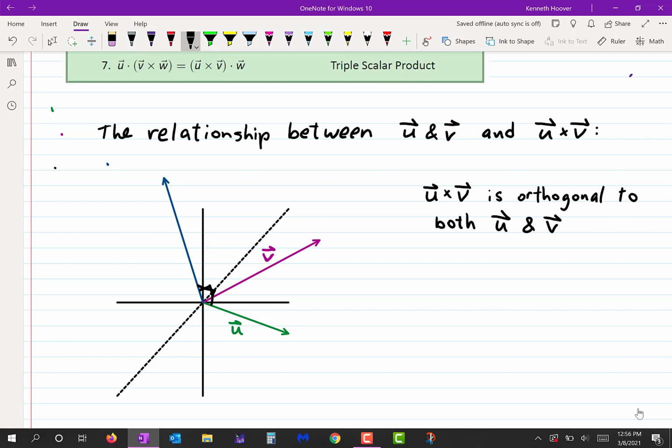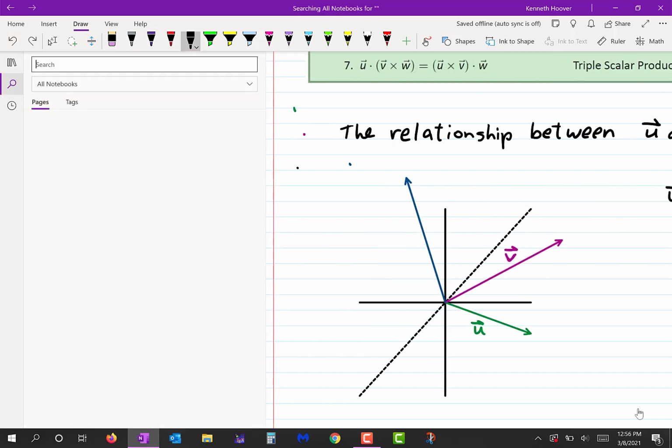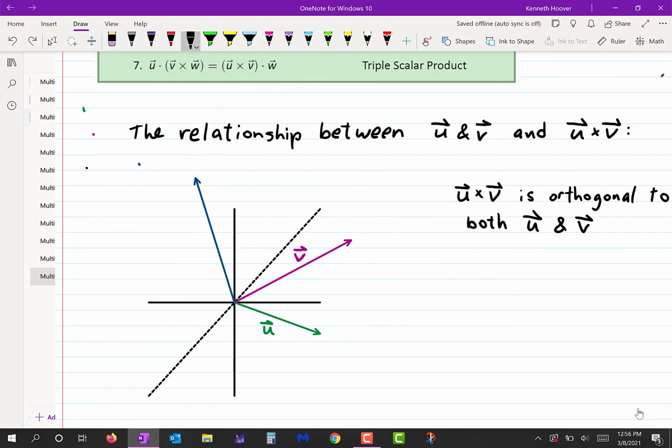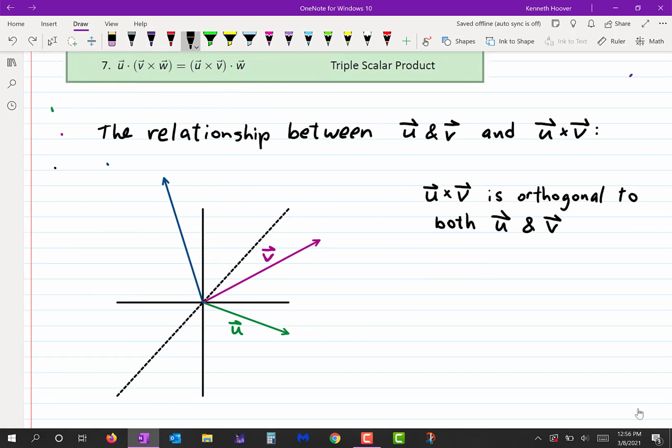Okay, but imagine that in 3-dimensional space. Let me see if I can maybe draw those 2 squares to indicate the right angles a little bit better. So there would be one here. Okay, and then another one like that. That's a little bit better.